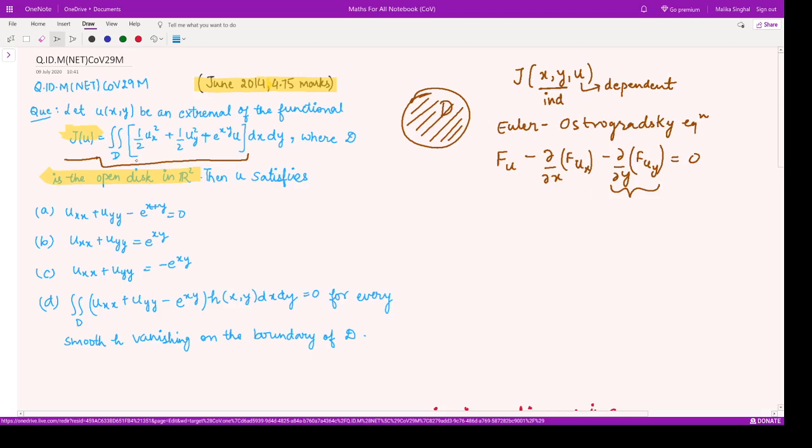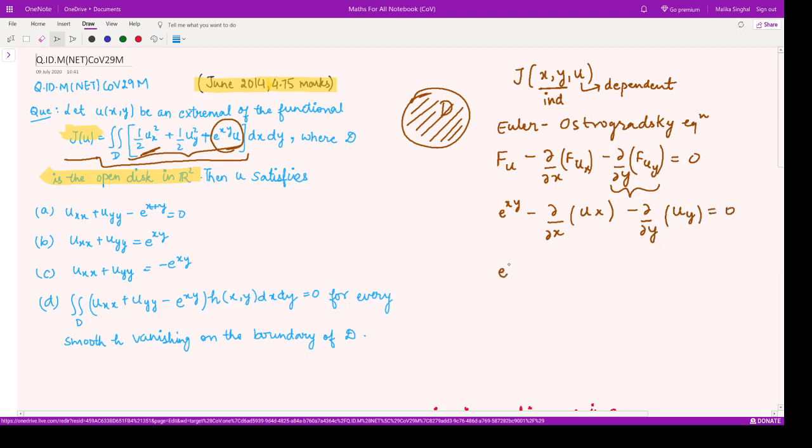So, let us just solve it. The function f is this one. So, the derivative with respect to u of f would be e to the power xy, minus the partial derivative with respect to x of the partial derivative of f with respect to u_x, that would be u_x, and minus the partial derivative with respect to y of f with respect to u_y, that would be u_y, is equivalent to 0.